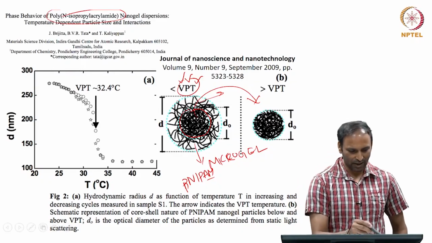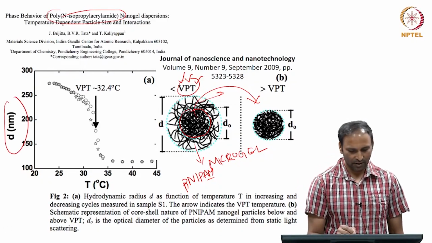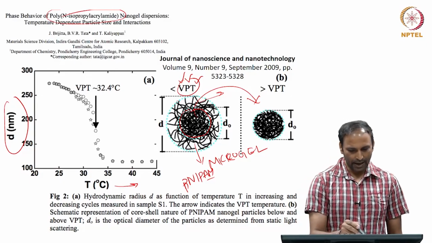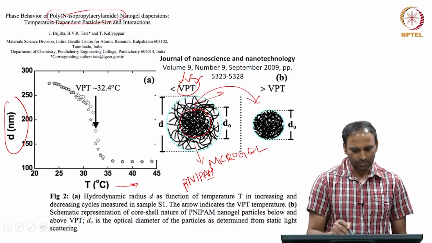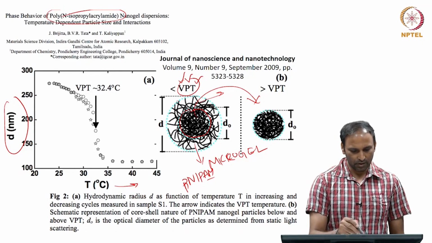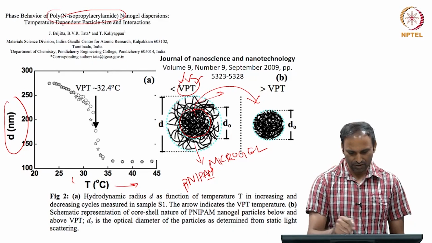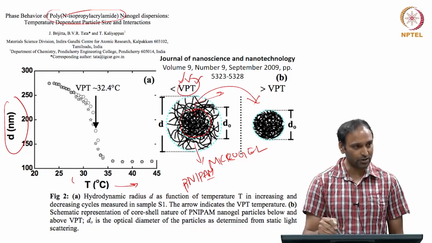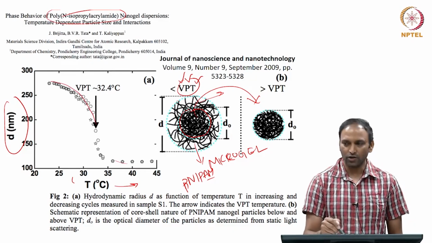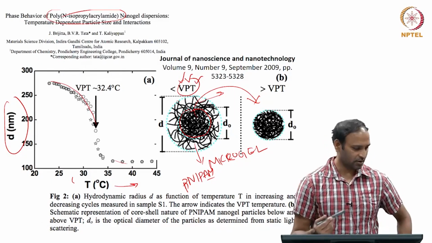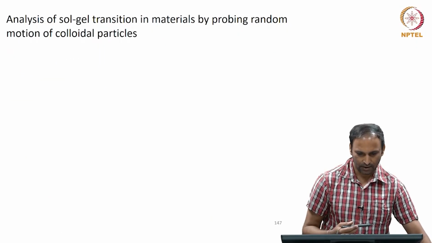So what is done here is measurement of size as a function of temperature, and as you increase the temperature, there is a decrease in the size. You can do measurements like that to infer volume phase transitions in dispersions like this.